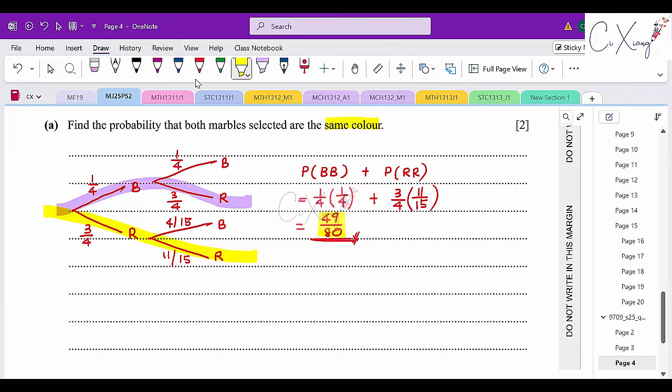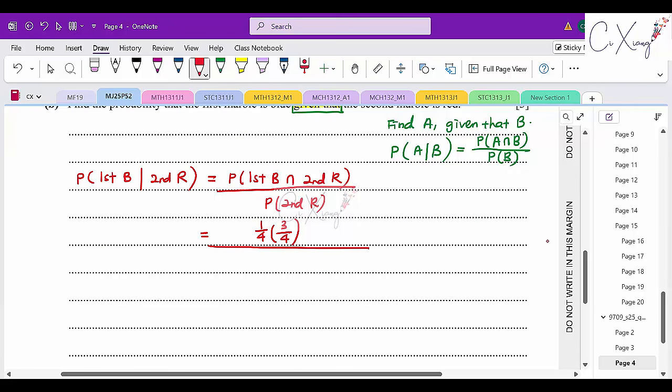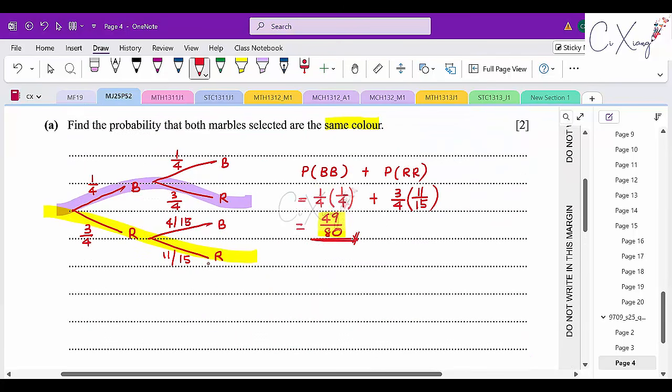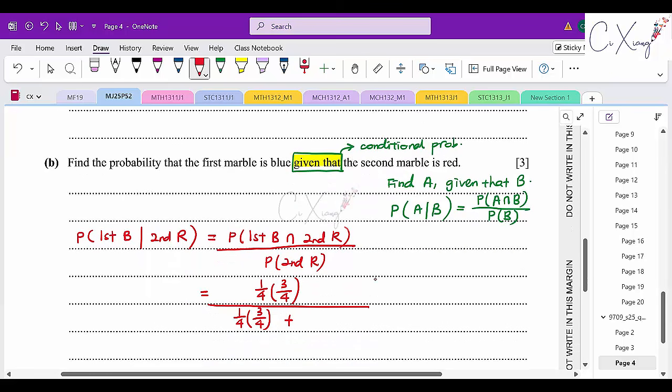The first case is 1 over 4 multiplied with 3 over 4. The second case is 3 over 4 multiplied with 11 over 15.